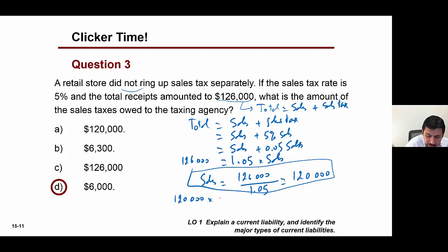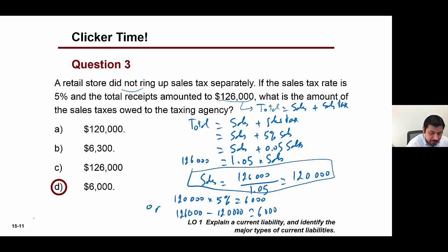Now in order to calculate the sales taxes, we can either multiply 120,000 by 5%, which gives us 6,000, or subtract 120,000 from 126,000. So it's either that or the difference between the total and the sales revenue, which is also equal to 6,000.